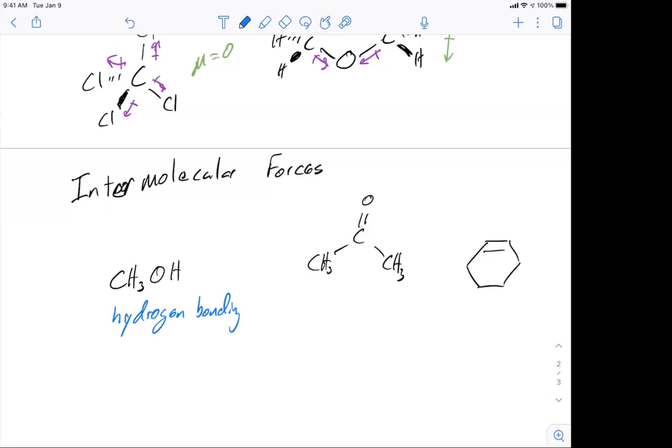Here we have the dipole going this way, so it's going to be dipole, dipole. Right here we have no dipole moments, so this is just going to be van der Waals, or also known as London dispersion.